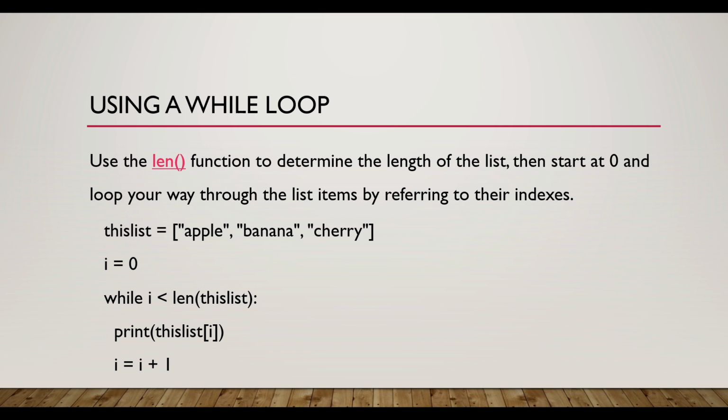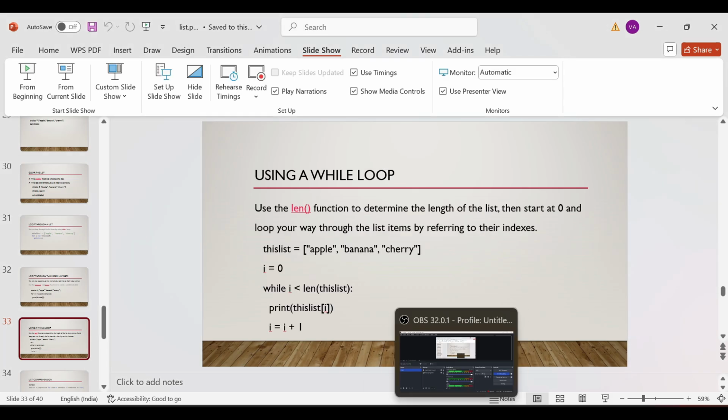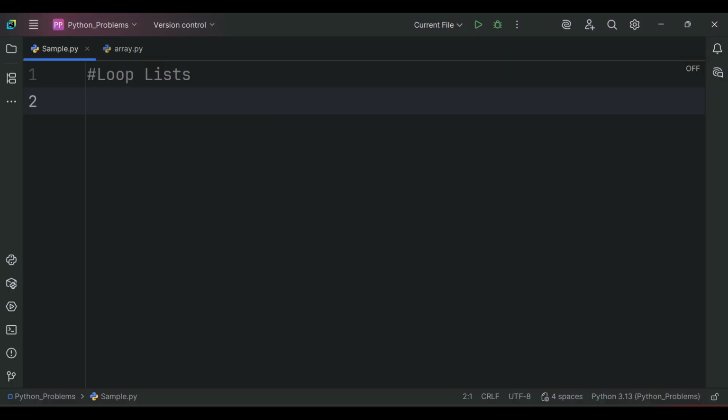Here i is the index of that particular element. All of you keep this point in mind. While i is less than len of the list, print list of i, then i equals i plus 1. We will see it practically.